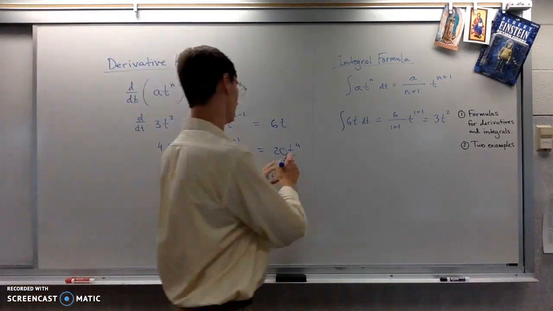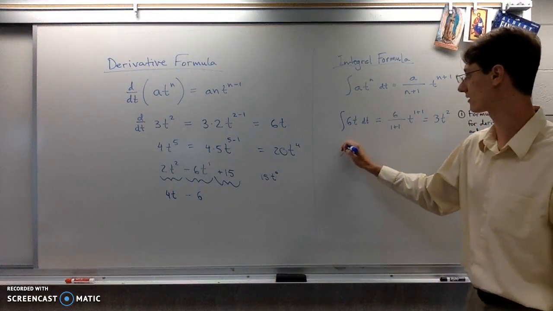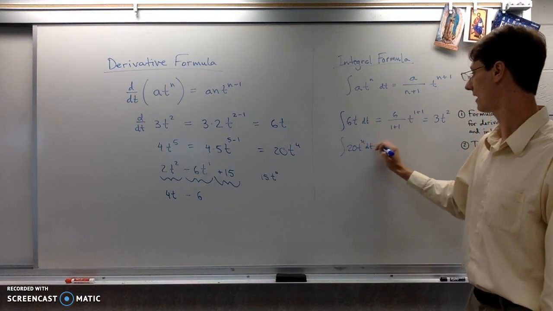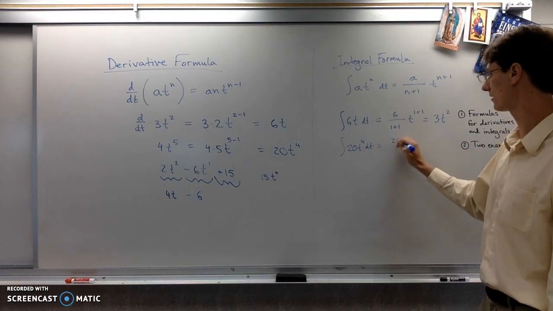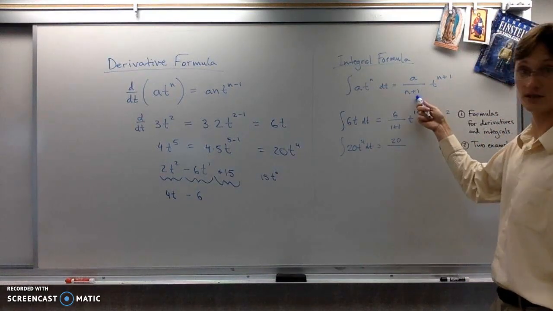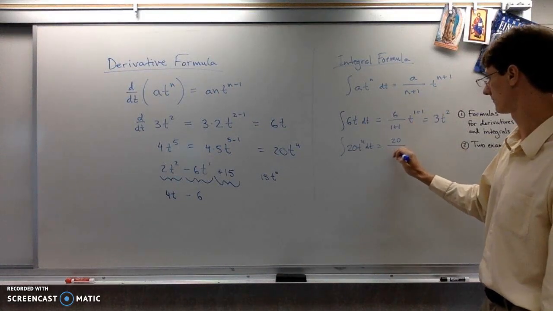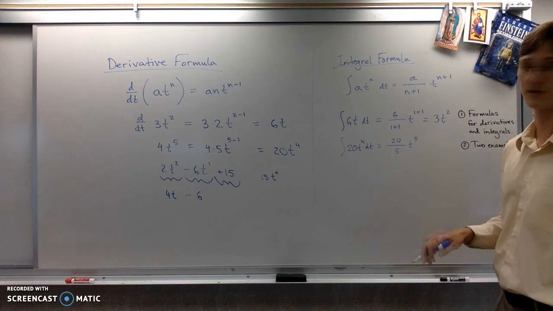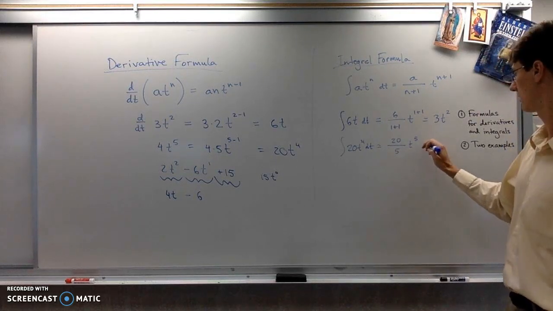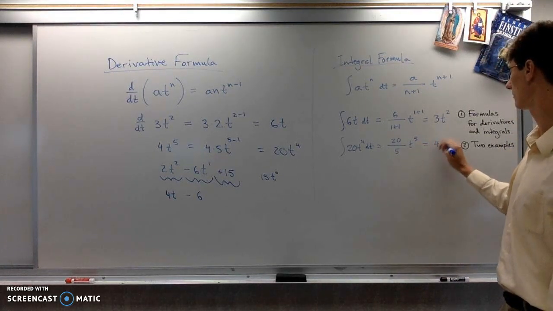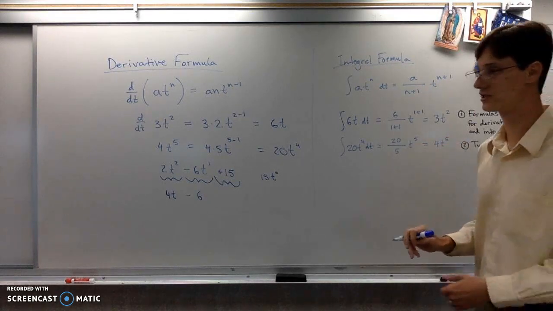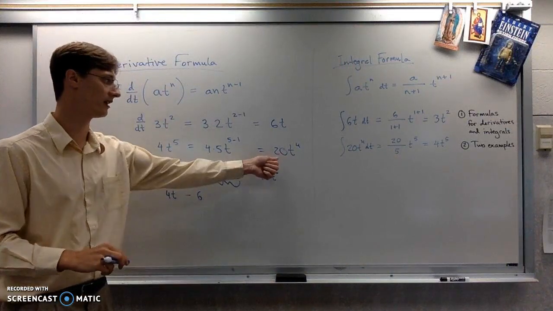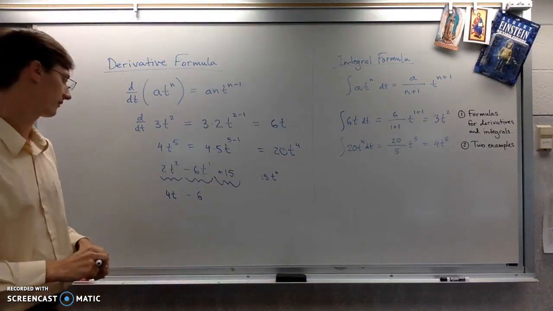Okay, same story here. If I do 20t to the 4th, and I take the integral of that, I would get 20 over the new exponent, and the new exponent is 1 larger than the original, so we get 4t to the 5th, which is what we knew it ought to be, since the derivative of 4t to the 5th is 20t to the 4th.